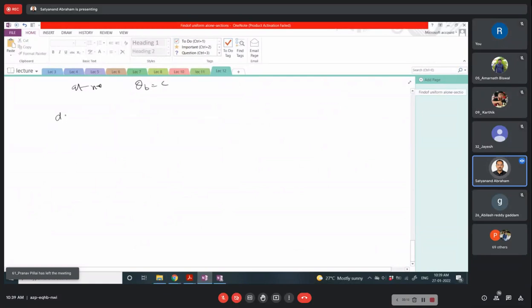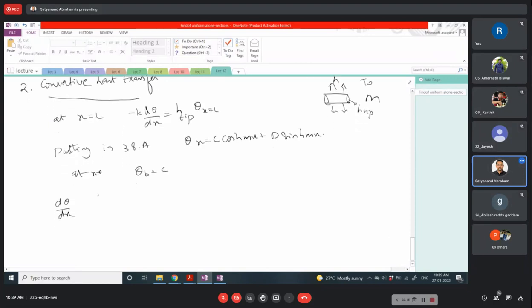For that, we need to find d theta by dx. So d theta by dx is going to be equal to c m, but we know c is theta b, so theta b into m sin h mx, since d by dx of cos h mx is m sin h mx.